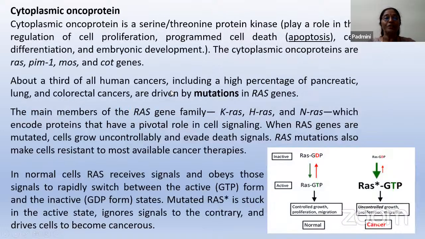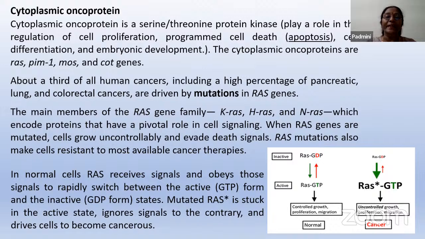Now, cytoplasmic oncoprotein. So you're going to talk about two types of oncoproteins. One is cytoplasmic oncoproteins and the other is nucleoplasmic oncoproteins. You might be asked in the exam to discuss cytoplasmic oncoproteins and nuclear oncoproteins. So this is what you're going to write when you talk about cytoplasmic oncoproteins. The cytoplasmic oncoprotein is a serine threonine protein kinase.